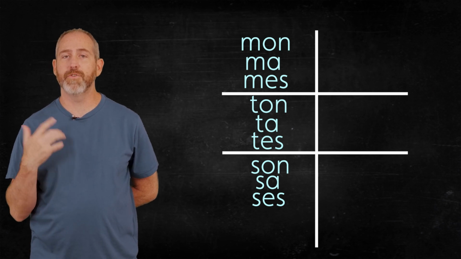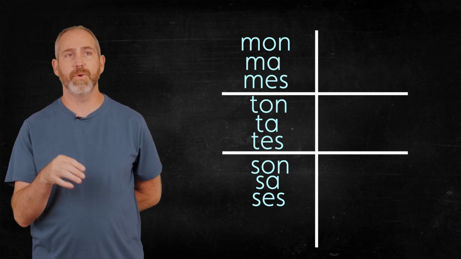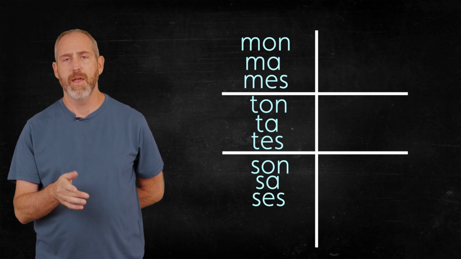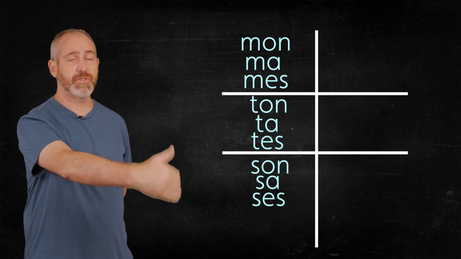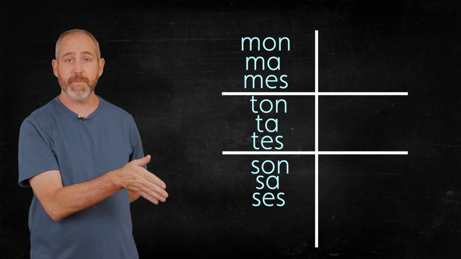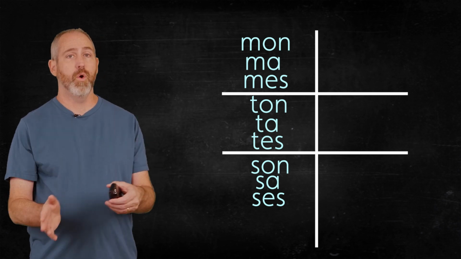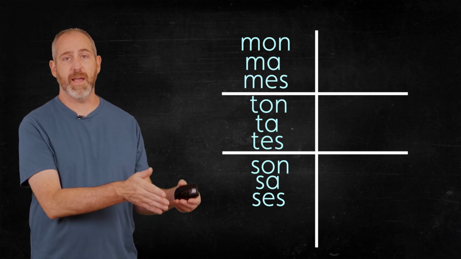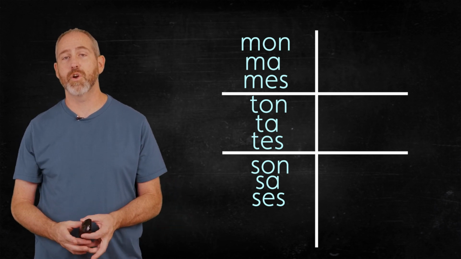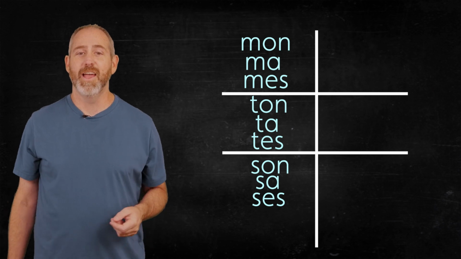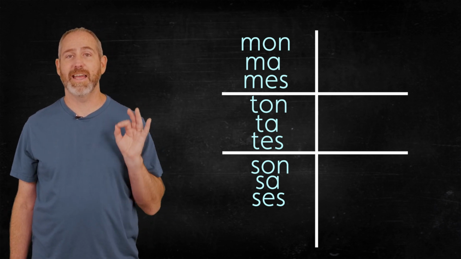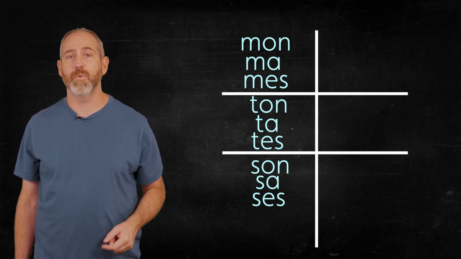A lot of times people get confused when they're learning this and they say, oh, well the girl owns that, so it would be sa. But that's not how it works. I could say his something, but if that something is feminine, it would have to be sa. So it doesn't matter who owns it, it's the object that belongs to them that determines whether it's masculine, feminine or plural. Make sense? I hope so. Okay, so we have son, sa, and ses.